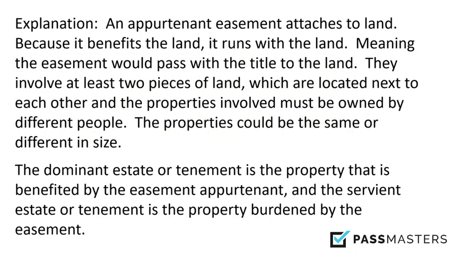Under an easement appurtenant, the dominant estate, or sometimes referred to as a tenement, is the property that is benefited by the easement appurtenant. And the servient estate or tenement is the property burdened by the easement. So a really good question there covering a broad bunch of content and details related to easements, and should really give you some better insight for easements for your exam.